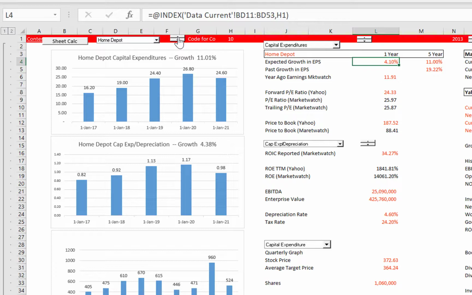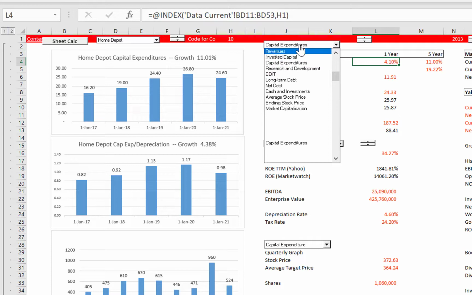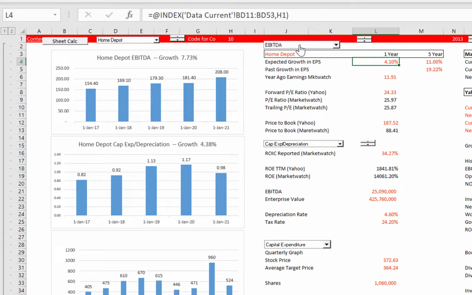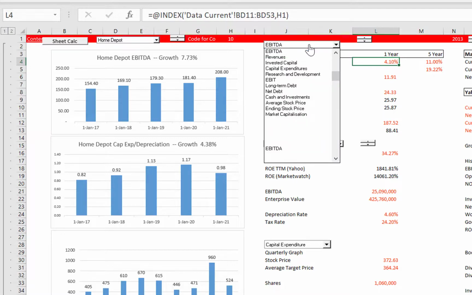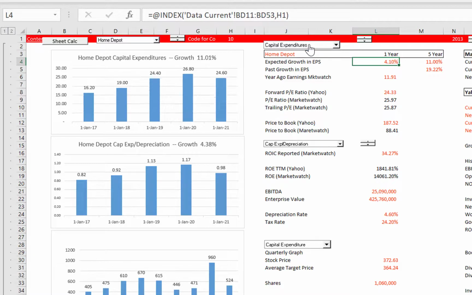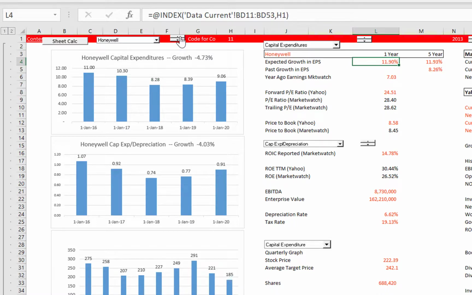Home Depot is not quite as bad, but remember, when we look at their EBITDA, their EBITDA has gone up by 7.73, and their capex has, oops, I was wrong about that. They actually have a little bit more capex.